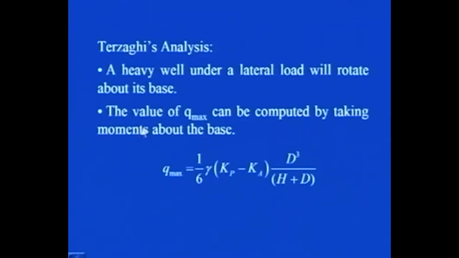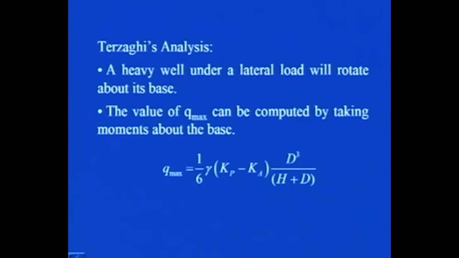Then, if it is not light, how will you get that value of q max? For a heavy well under a lateral load, the well will have the tendency to rotate about its base, because in the case of a light well, it was rotating about a point O which was a little above the base of that bulkhead.